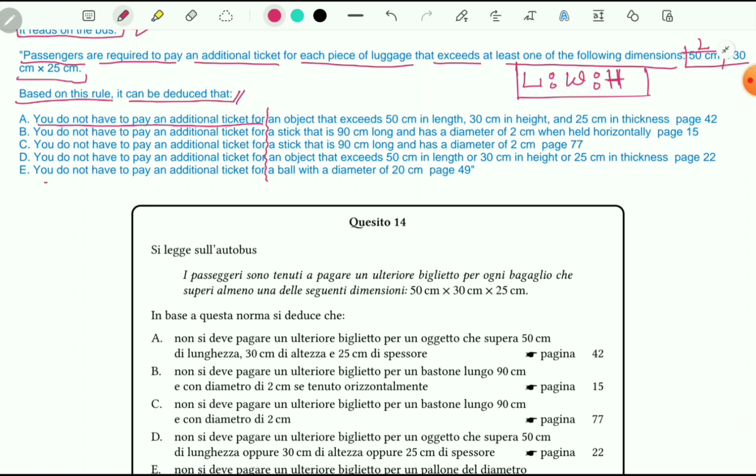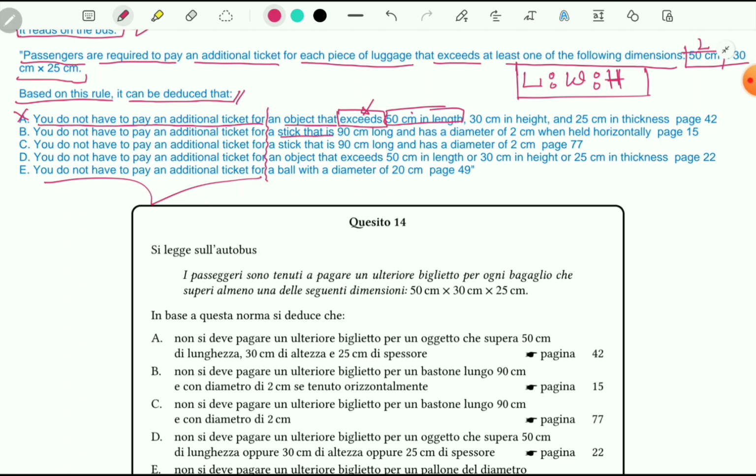You do not have to pay an additional ticket for what? That we have to find out. An object that exceeds 50 centimeters in length, 30 centimeters in height, and 20 centimeters in thickness. If it exceeds 50 centimeters in length, then we have to buy an additional ticket. That means this statement is not correct.